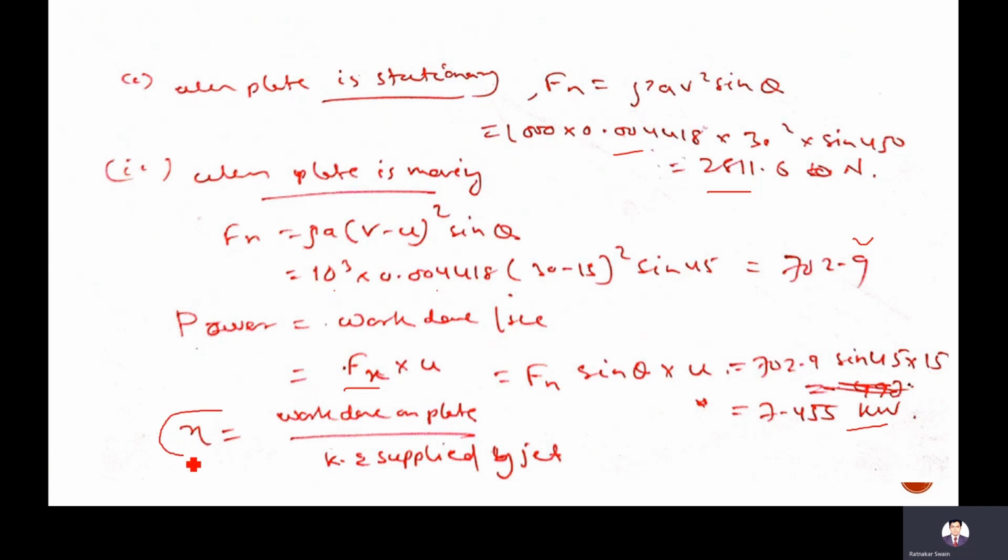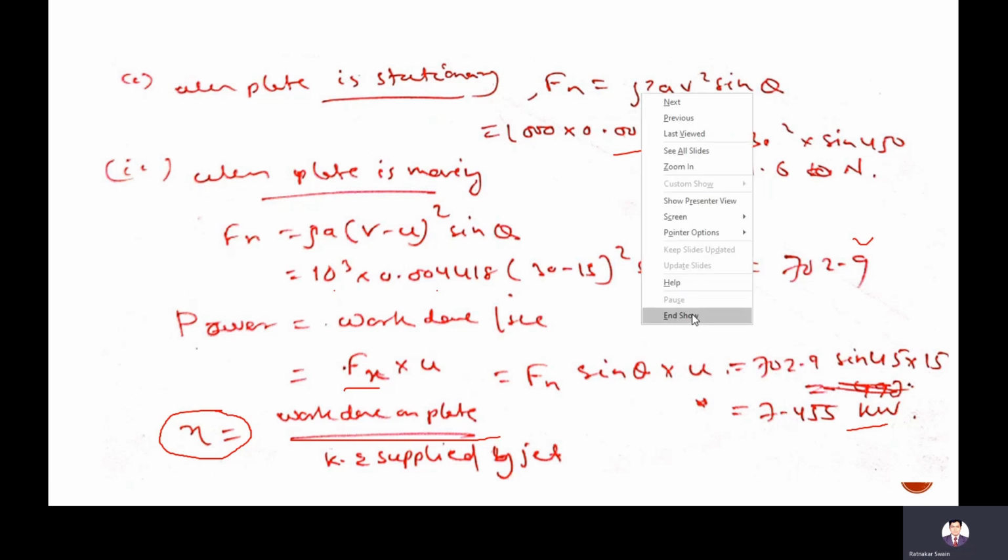Efficiency here is the work done on the plate divided by the kinetic energy supplied by the jet. We can calculate the work done on the plate, as already calculated here.